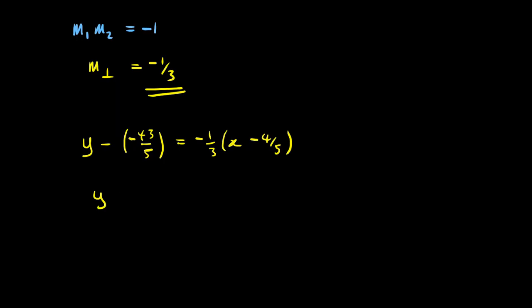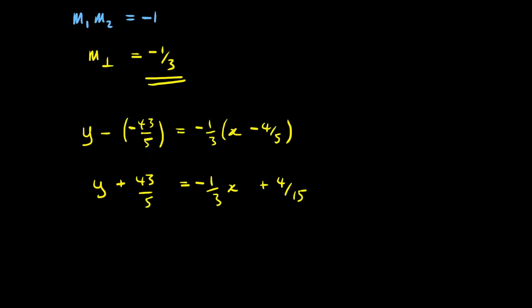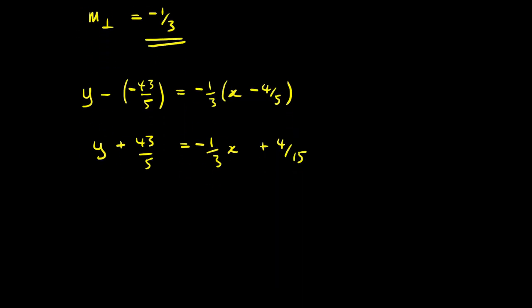So this is y plus 43 upon 5 is equal to -1/3 x plus 4 upon 15. If you want, we can rearrange this. We get y is equal to -1/3 x plus 4 upon 15 minus 43 upon 5. We can convert that to 15ths by multiplying 43 through by 3. It'll give us 129.